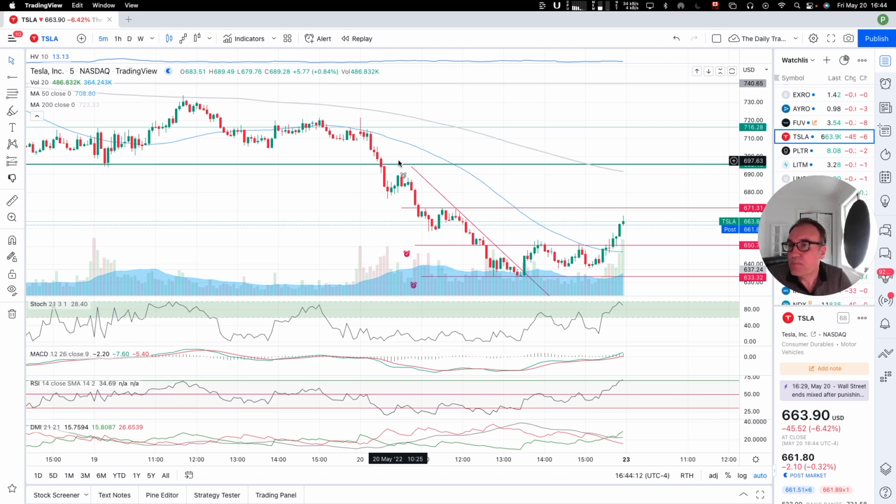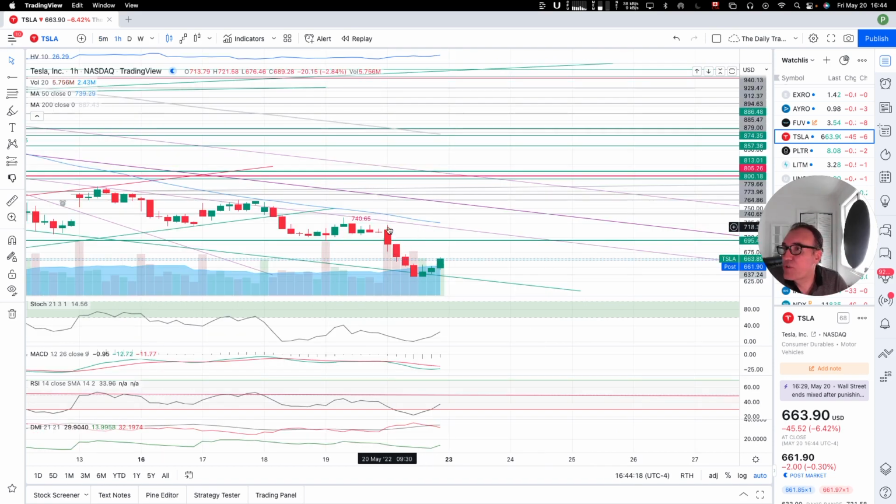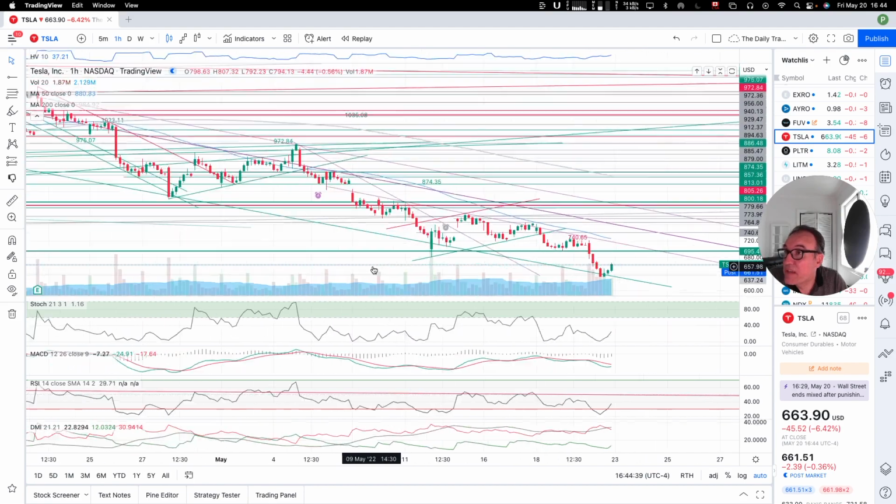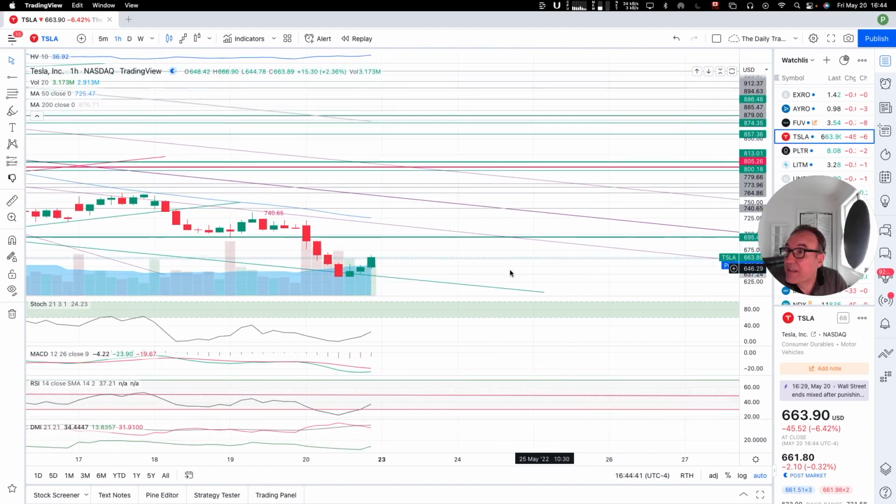Anyway, let's go back to the 1 hour chart. So first hour, we had lost 695.46, quite an important support. Then second hour down, third hour down, fourth hour down, and we went as low as 633. And then things started to come back up, and this is where the downward support is.